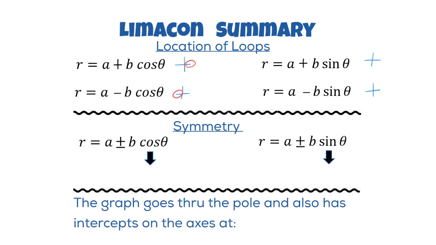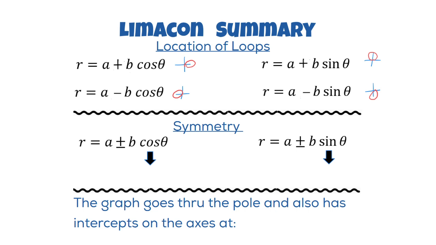And if it was a plus, it was up. And if it was a minus, then it was down. So ideally, that made pretty good sense to us. Cosines are like x's for us, so it makes sense it was on the left and right. Pluses are on the right, minuses are on the left. Same deal with the sine, only you're going up and down. So figuring out where they went, that went pretty fast.